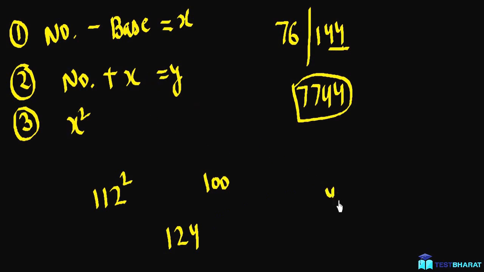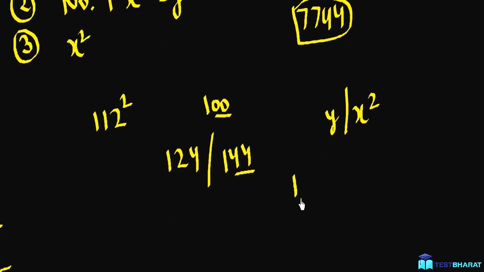This is y and x square. And what is x square? x is 12, so 12 square is 144. Again, the number of zeros here is 2, so I'll take 2 digits here and carry forward 1. So my answer will be 12544. This is the square of 112.